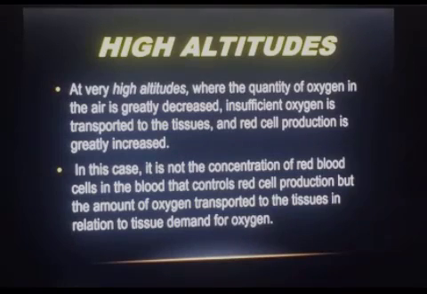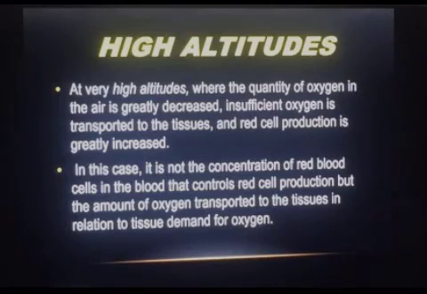If a person is living at sea level, the concentration of oxygen at sea level is high, and the RBCs present in the person's blood are sufficient for the transportation of enough oxygen to the tissue.